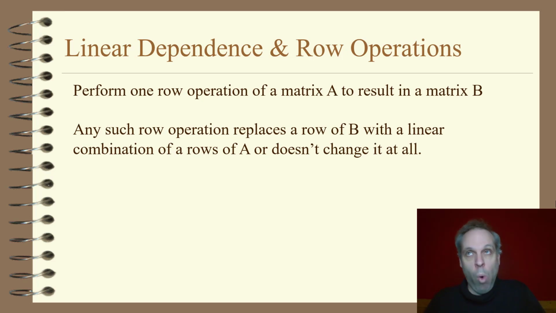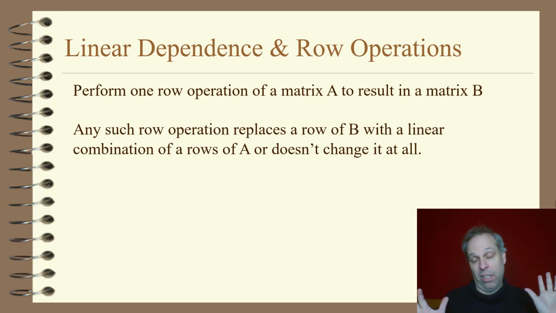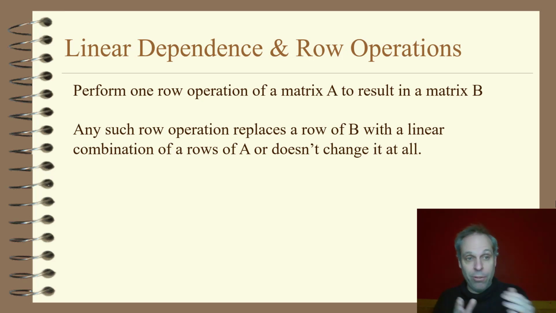What if you perform one row operation on a matrix A to result in another matrix B? Any such row operation will just replace a row of A with a row of B formed by a linear combination of the rows of A. The reason is that the order of the vectors doesn't matter, so the swapping row operation doesn't do anything. If you take a multiple of a row of A to get a row in B, then that new row of B is a linear combination of the vector you just used.